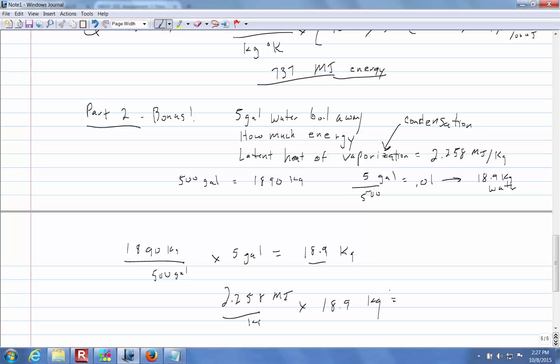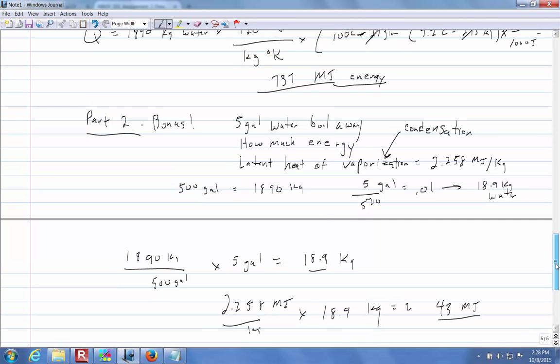It's about 19 times, about 20 times 2, about 100. There it is. About 43, approximately, 43 megajoules. But that's for only 5 gallons.